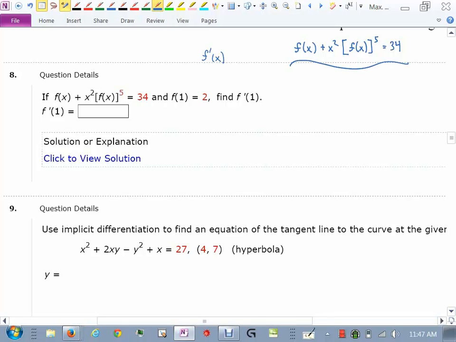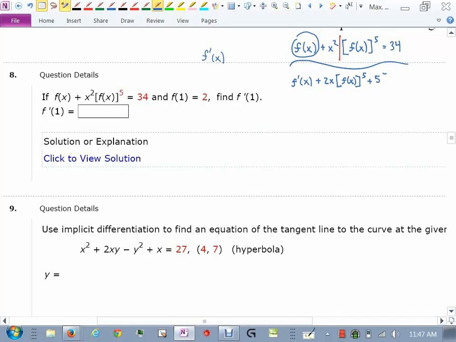Okay, so let's do derivative, implicit differentiation. So here we go. First of all, what is the derivative of f? Well, it's f prime x. All right, and then we say plus. Now in this one, we have a product rule right here. So we have derivative of x squared, which gives us 2x, times f of x to the 5th power, plus, we're doing product rule, we have something to the 5th power.